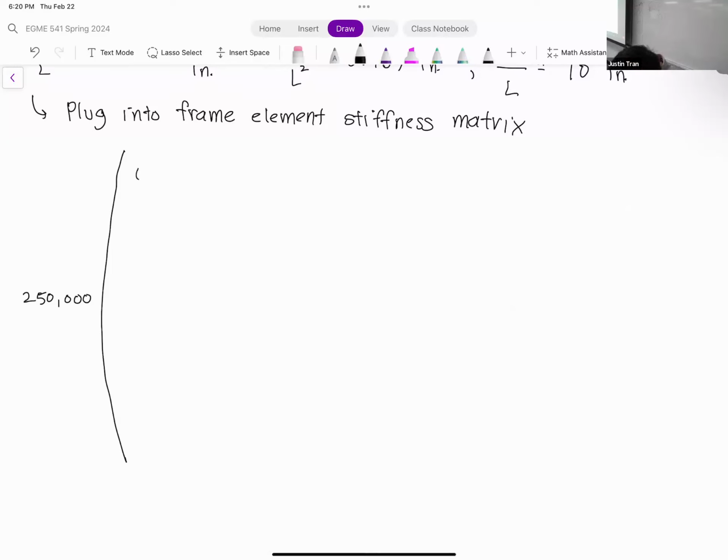Okay. So we end up with 1.67, 0, minus 10, minus 0.167, 0, minus 10. Okay. Just like we usually do, I'm going to take that first row and write it into our first column. And so our first column is going to be 0, minus 10, 0, minus 0.167, 0, and minus 10. Okay.